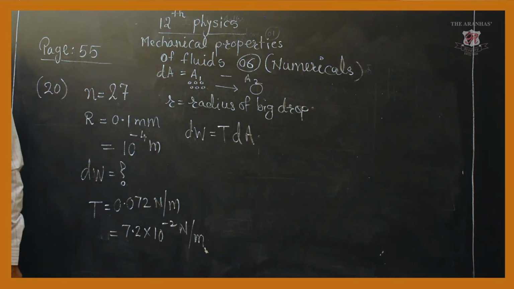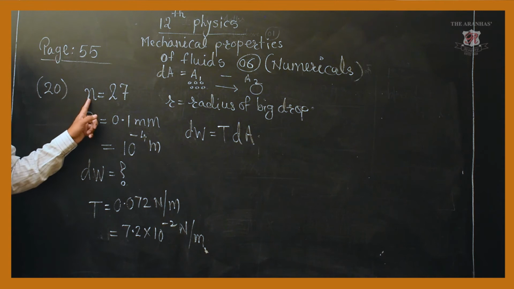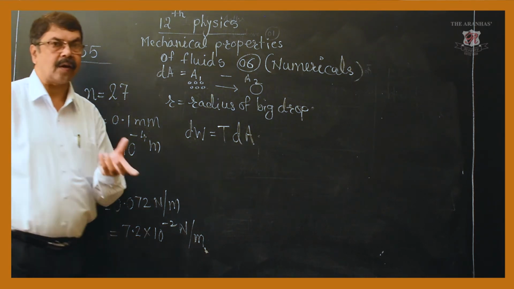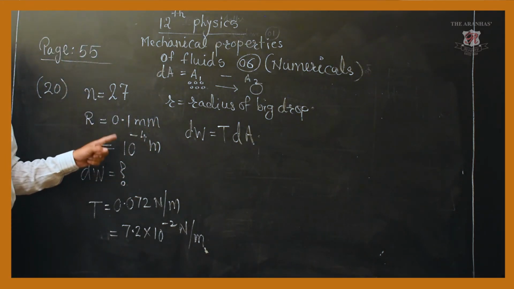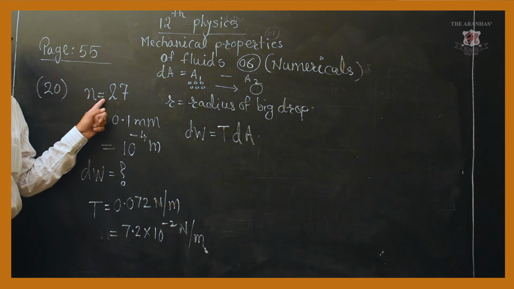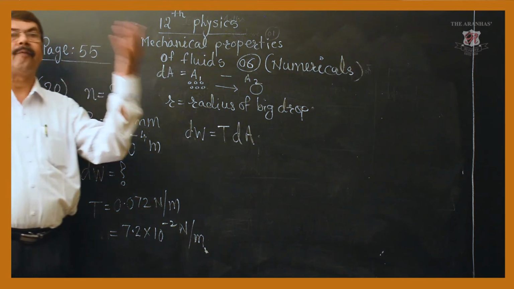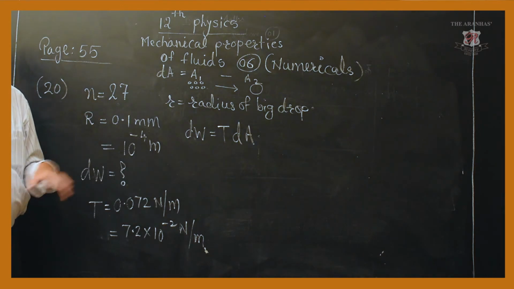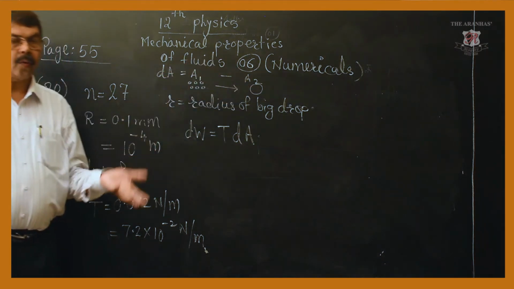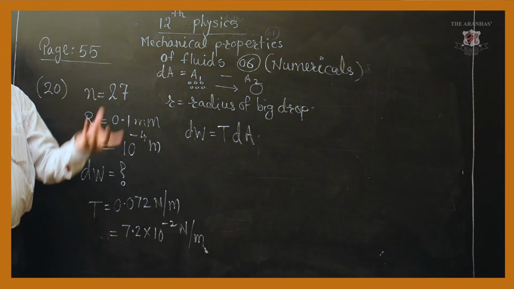This I can find out because I have the number of droplets, I have the radius. What is the surface area of a sphere? 4 pi r square. So I can put this value 4 pi r square multiplied by 27 because there are 27 droplets and find A1. But what about A2? I don't know the radius of the bigger drop.